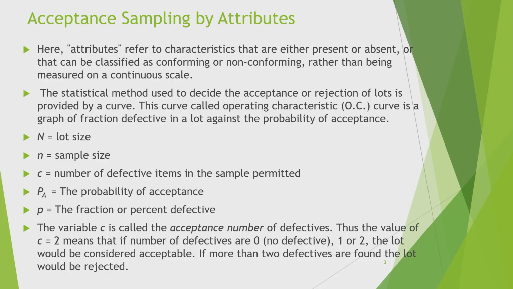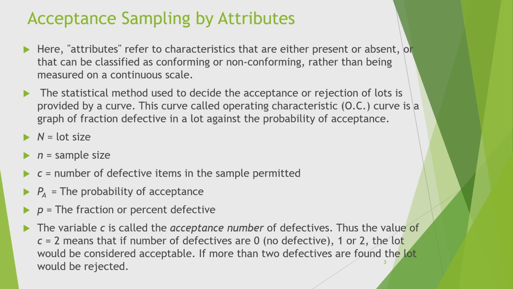You do not have any continuous variable; either the item gets passed or it does not. The statistical method used to decide the acceptance or rejection of lots is provided by a curve. This curve, called the operating characteristic curve, is a graph of fraction defective in a lot against the probability of acceptance.